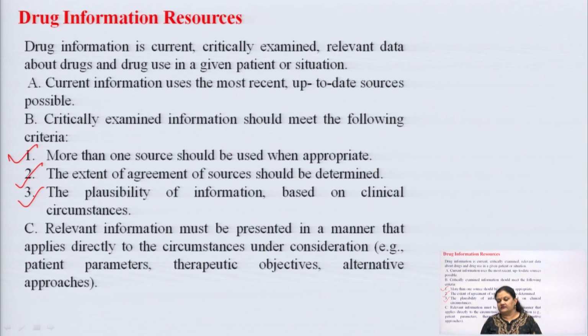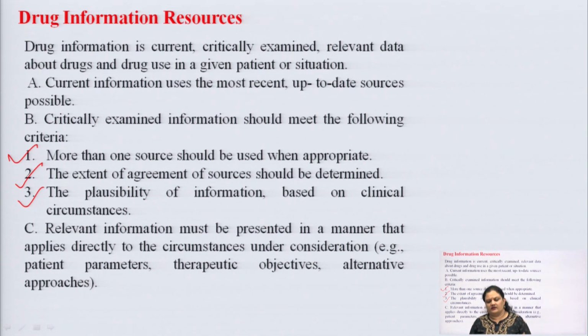And the third point is that relevant information must be presented in a manner that applies directly to the circumstances under consideration. Consideration means the patient, for example, a last stage cancer metastasis patient. The class of drug given to a last stage cancer patient, the information should be authentic, properly rechecked with other physicians, and cross-matched.